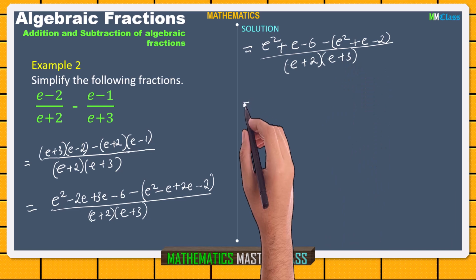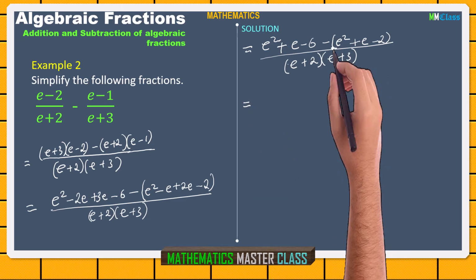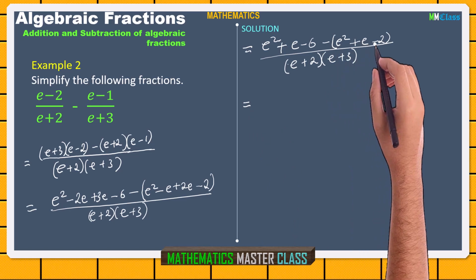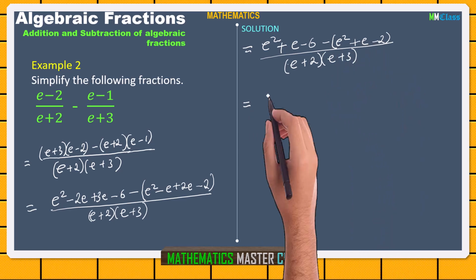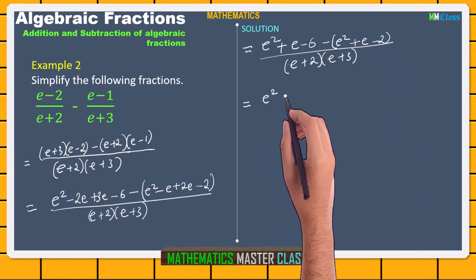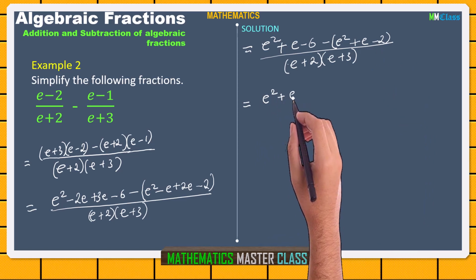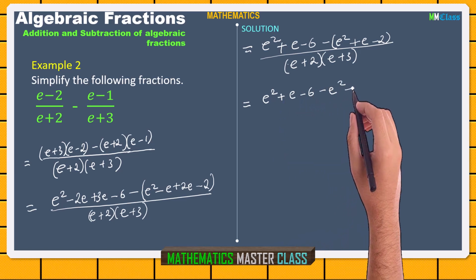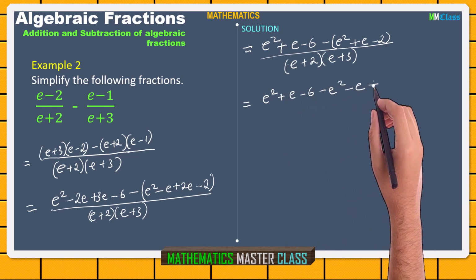So this will be equal to, if we remove this bracket, this will become minus, this will become minus, and this will become plus. So we have e square plus e minus 6 minus e square minus e plus 2.